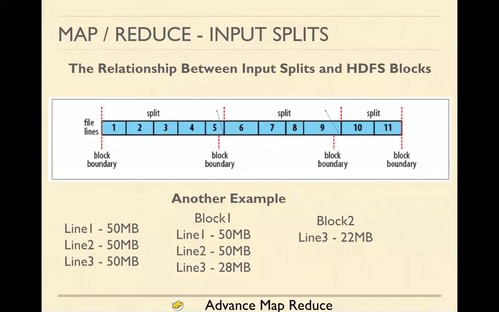Correct. So under the hood, it is based on number of bytes, 64 MB. But in the mapper, we do not want to process exactly 64 MB. We would like to process the number of lines available on that machine. These lines may be a little bit bigger than 64 MB or maybe smaller.